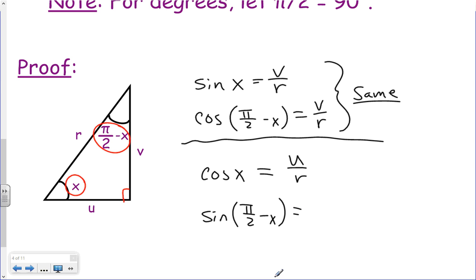Sine is the opposite, so the opposite side of that angle is the u, divided by the hypotenuse, which is r. And again, notice that we get the same thing. In both cases here, we got u over r. These are the same, so that means those two must be equal to each other. That is our cofunction properties for sine and cosine. And of course, the other four properties will follow with the exact same technique here.